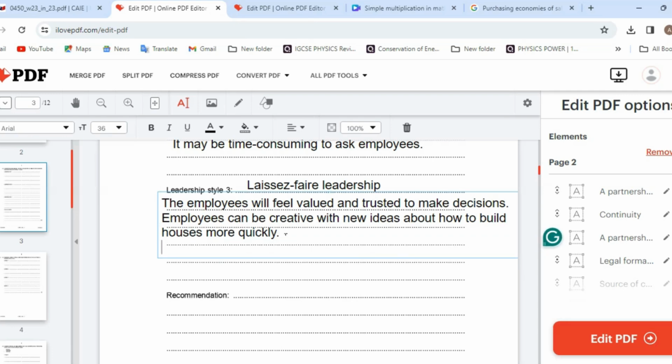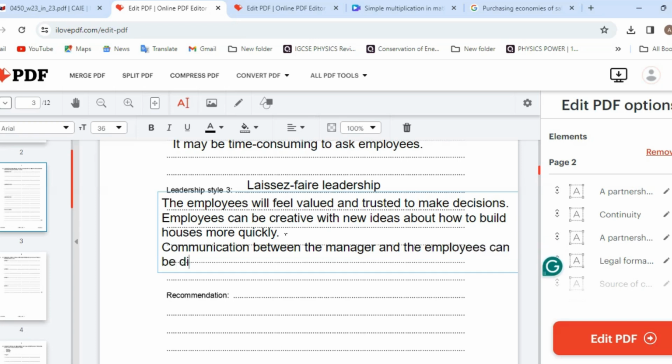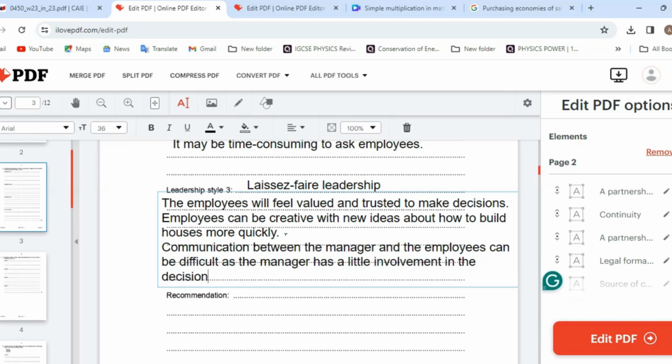Let's write it out also: communication between the manager and the employees can be difficult as the manager has little involvement in the decision taken by the employees.